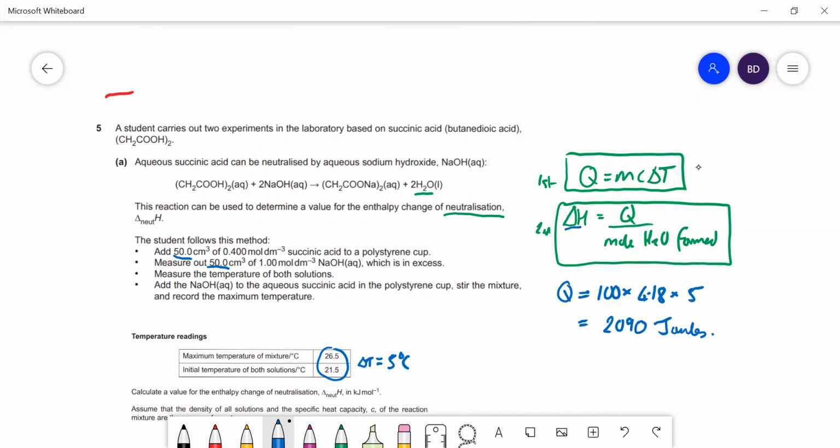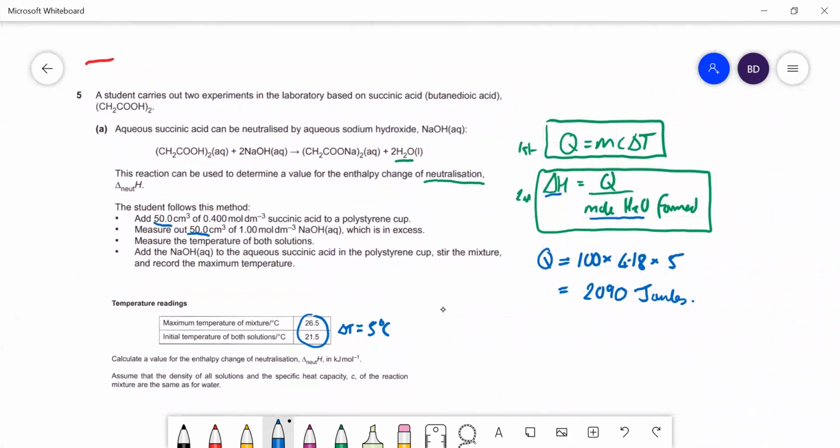Now we need to work out delta H, but we need to work out the moles of water formed. Okay, so it says here we've got excess NaOH. So we're not going to work out the moles of that. There's too much of that. Not all of that is going to react. I'm going to work out the moles of succinic acid. How many moles of succinic acid have we got? Moles is equal to the concentration times the volume.